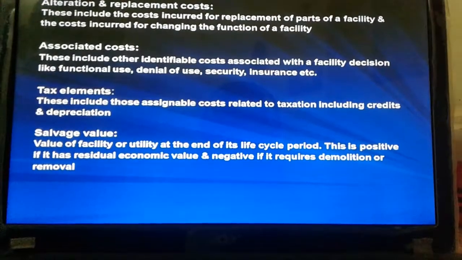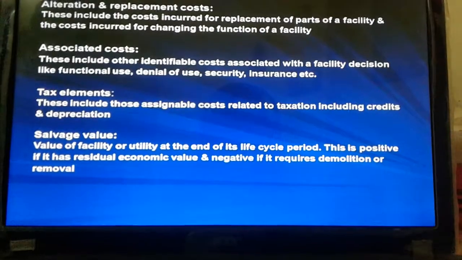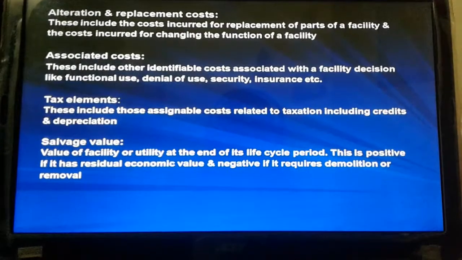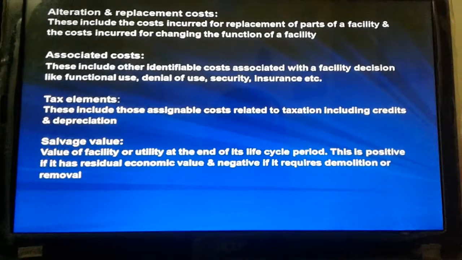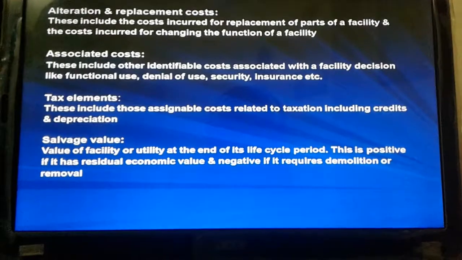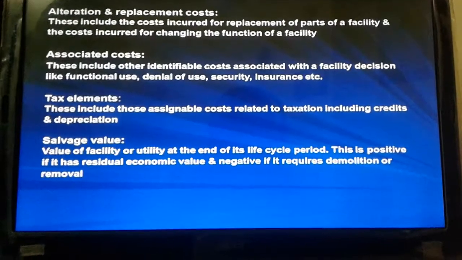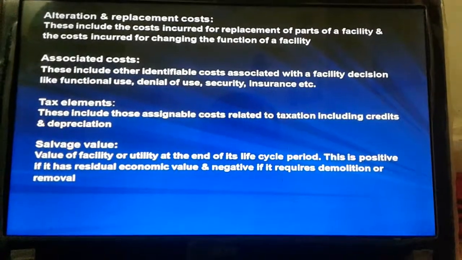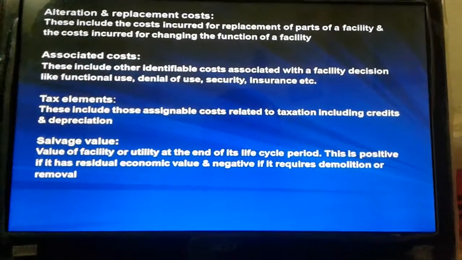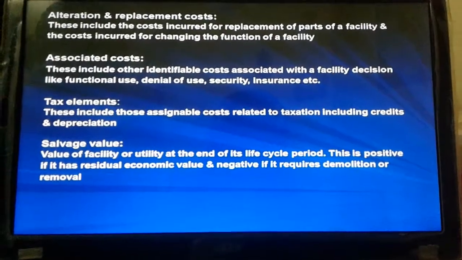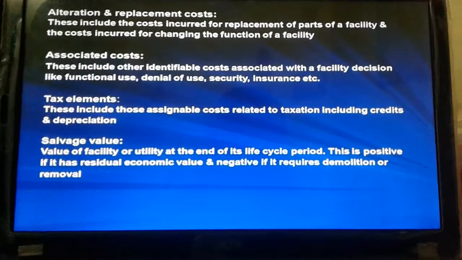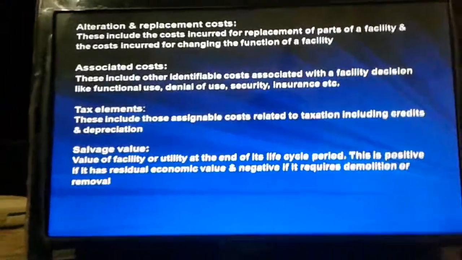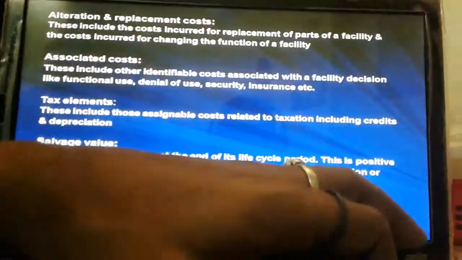These include other identifiable costs associated with a facility decision like functional use, denial of use, security, insurance, etc. Tax elements. These include those assignable costs related to taxation, including credits and depreciation. Salvage value, the value of the facility or utility at the end of its life cycle period. This is positive if it has residual economic value and negative if it requires demolition or removal.